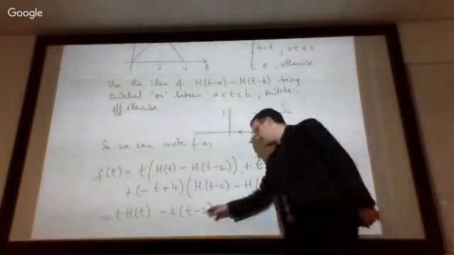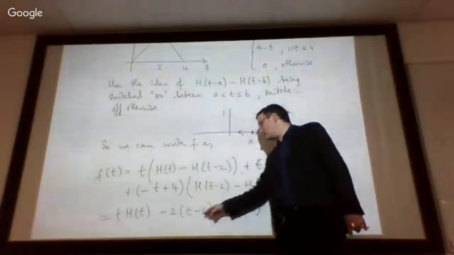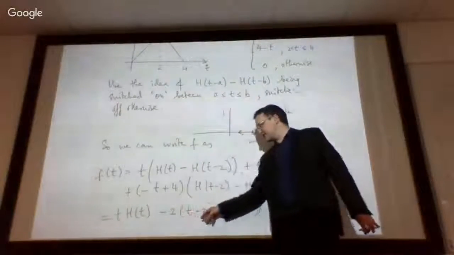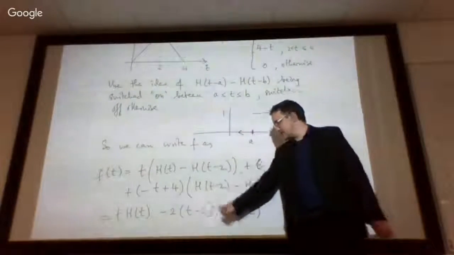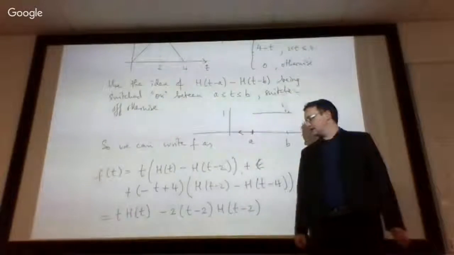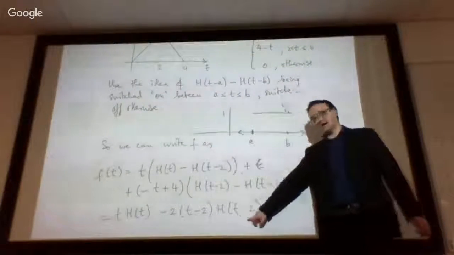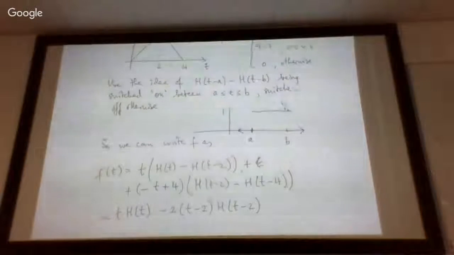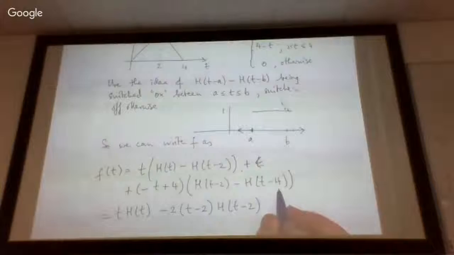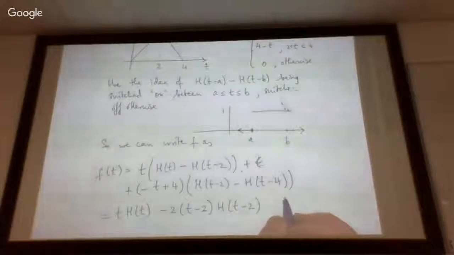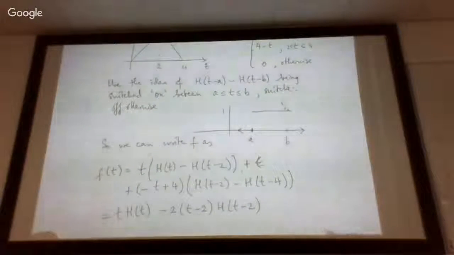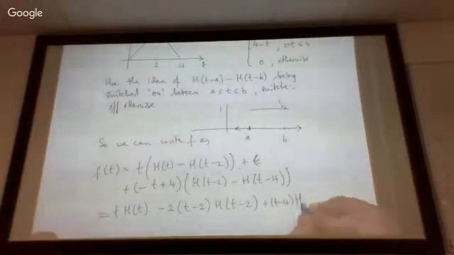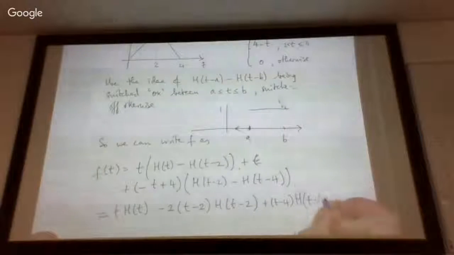And then we get this nice expression where you can see the function multiplying the Heaviside is itself a function expressed at the same shifted argument, the same t minus 2 term there as is in the argument to the Heaviside. And then what have we got multiplying h of t minus 4? Well, we've just got plus t minus 4 times h of t minus 4.